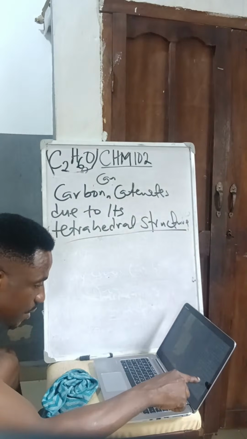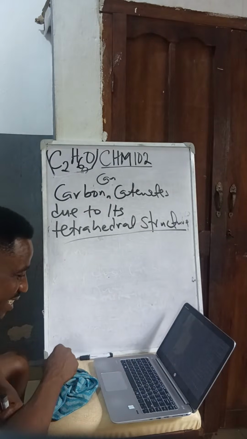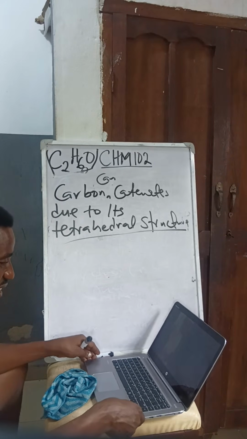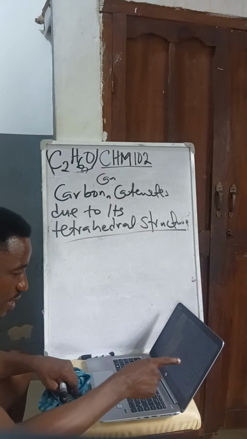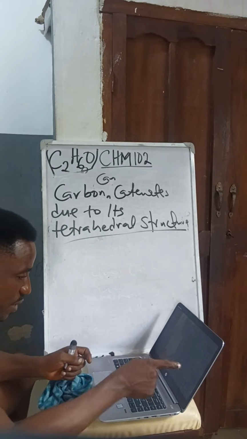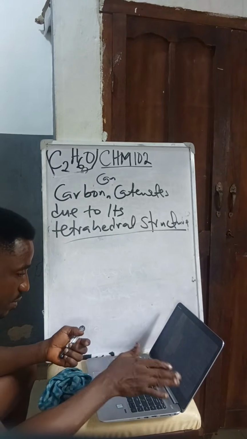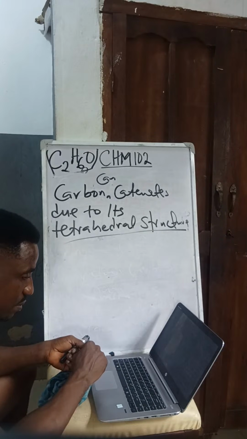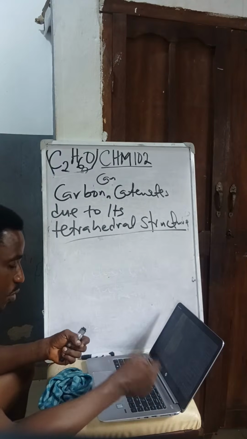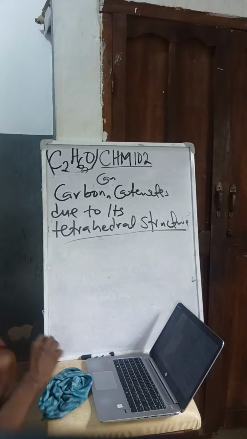Right, Ono Anthony, you're correct. Yes, the ability of carbon to react with itself and form long chains. Correct. Because of its tetrahedral structure. No, because of its tetrahedral structure, not because it can form it.